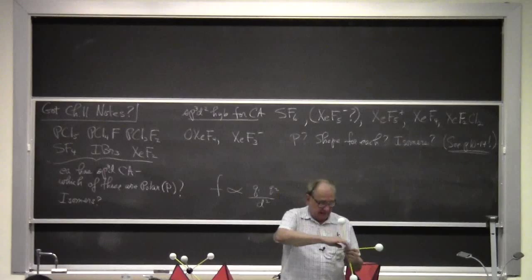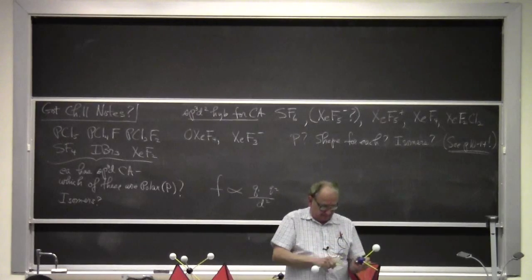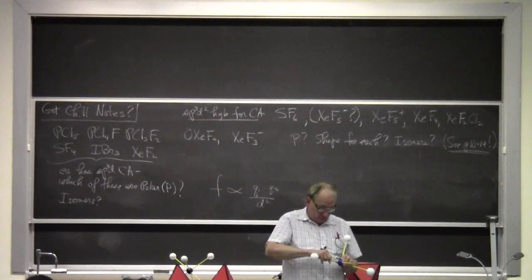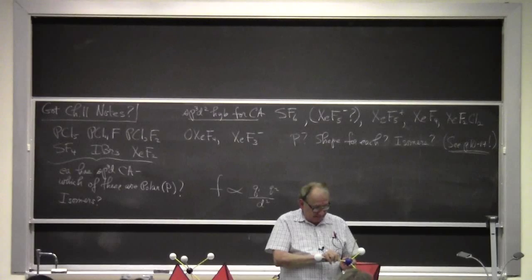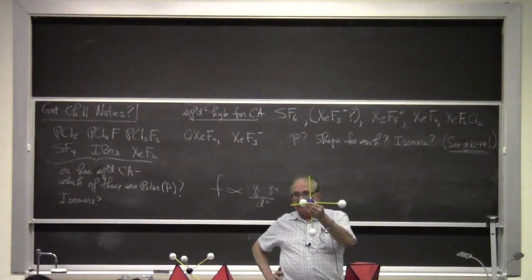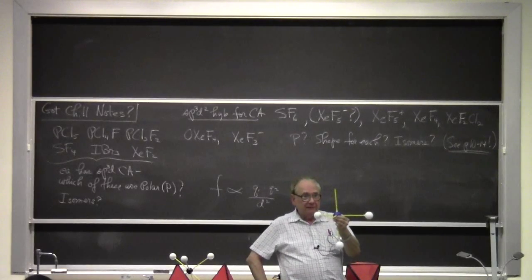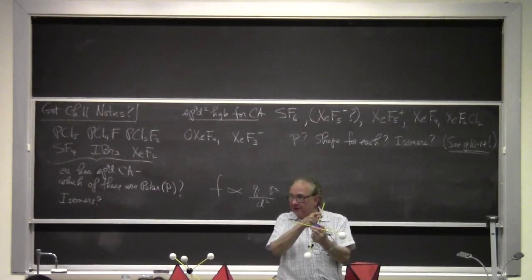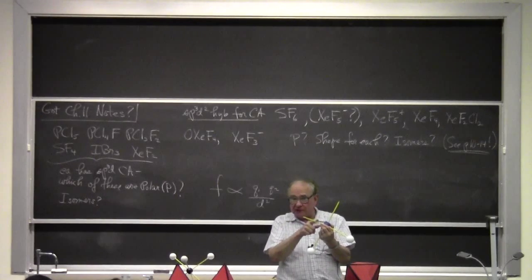Clearly, I hope it's clear. This would be poor, wouldn't it? Because now I got a 90-degree non-bonding pair repulsion interaction.